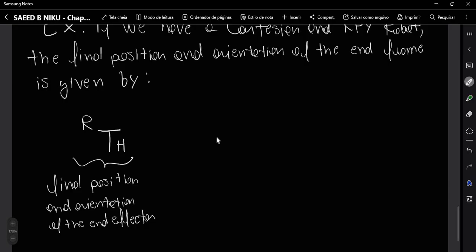So on the end effector, we got this imaginary end frame attached. This moving frame, sorry, the moving frame. So of course, the final position and orientation of the moving frame is the final position and orientation in which this frame will be localized.